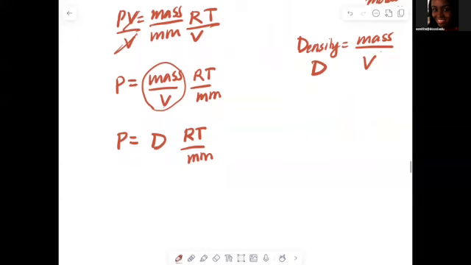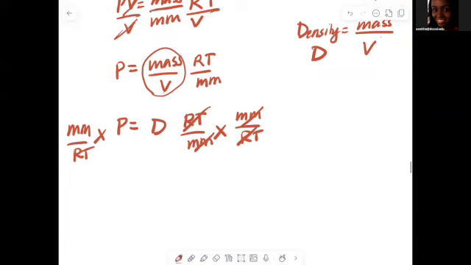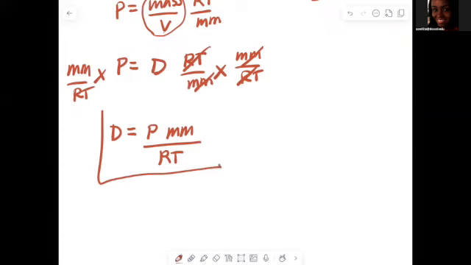To get the density by itself, multiply both sides by the inverse of this relationship, molar mass over RT, and this cancels out, kind of like dimensional analysis. Now we have density, the subject, equal to pressure times molar mass over RT. And this is the equation we use to find the density of a gas.